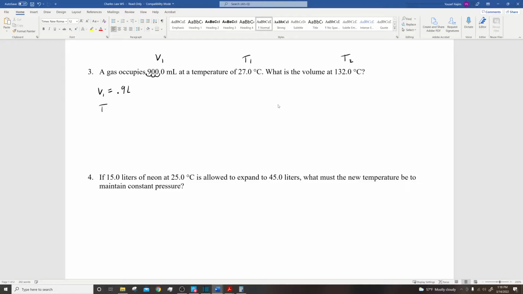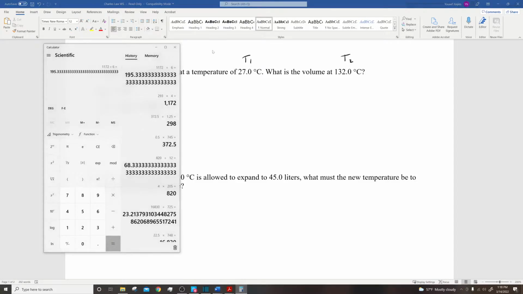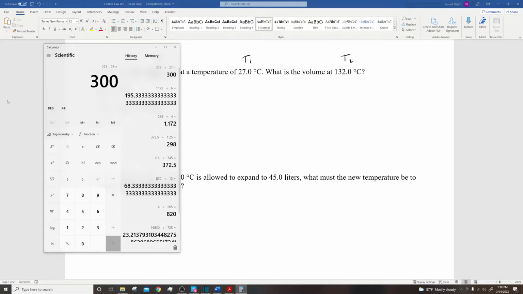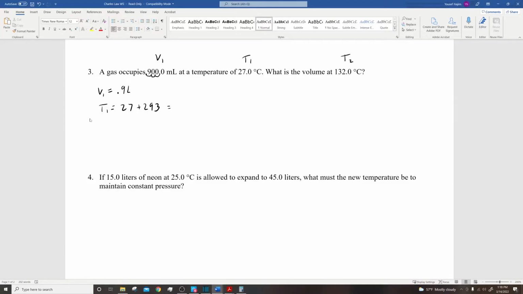Our T1 is going to equal 27 plus 273. I'm going to plug that into a calculator. 273 plus 27. That gives us 300. And then we got 132. So this is our T2. 132 plus 273.